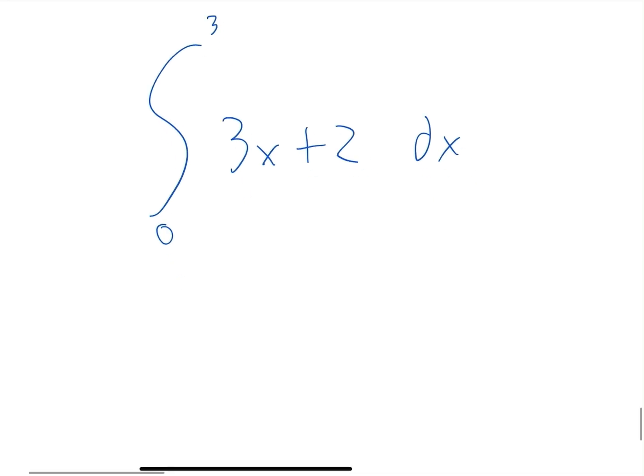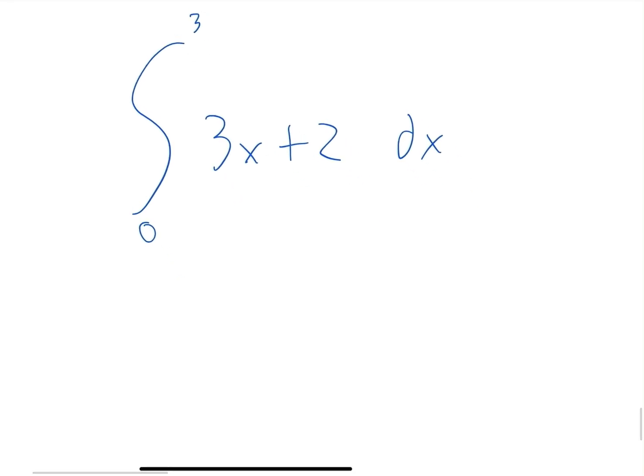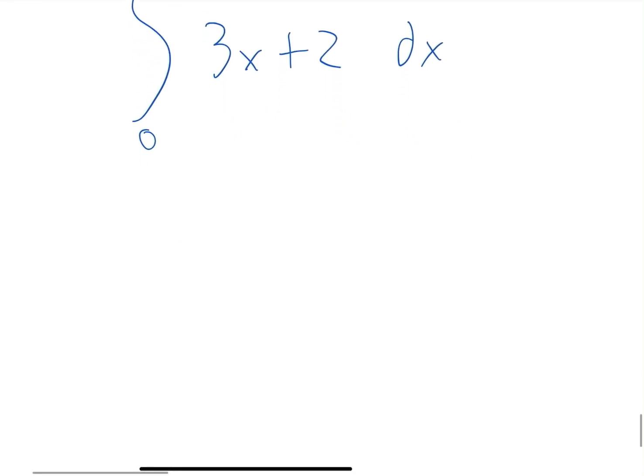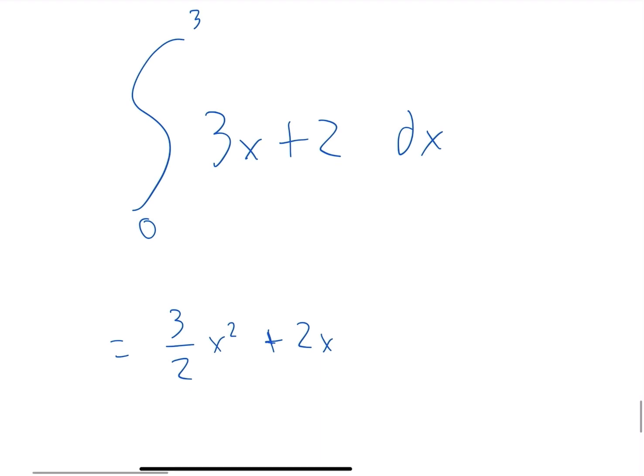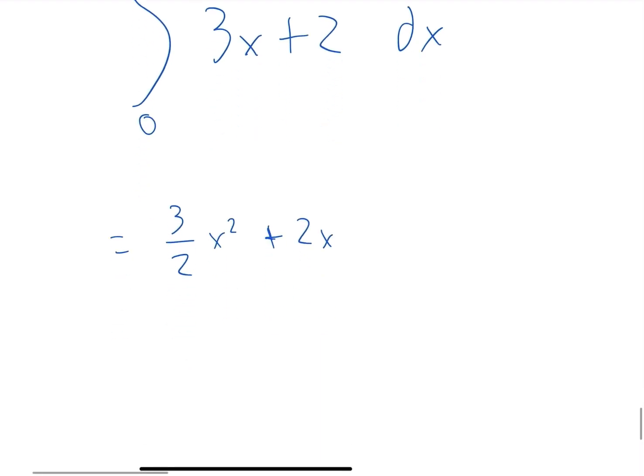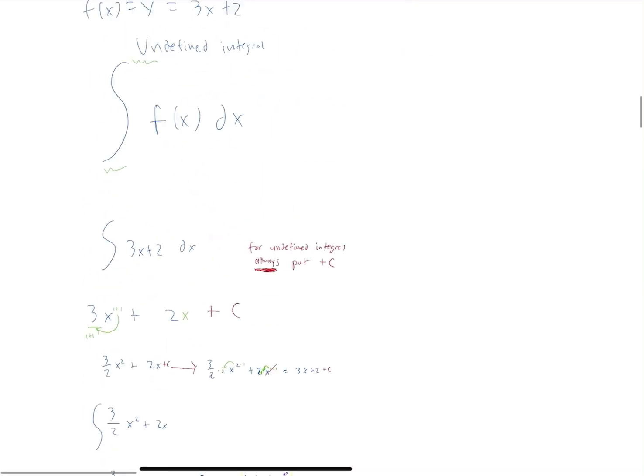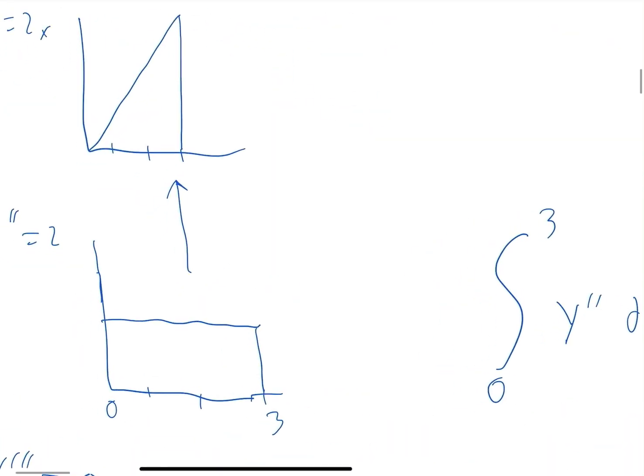Say we're doing it from 0 to 3. Again, we just figured out that the integral of this is 3 over 2 x squared plus 2x. Normally we would put plus c, but because this is a definite integral, we can actually find the numerical value. Remember, we're going backwards in derivative.